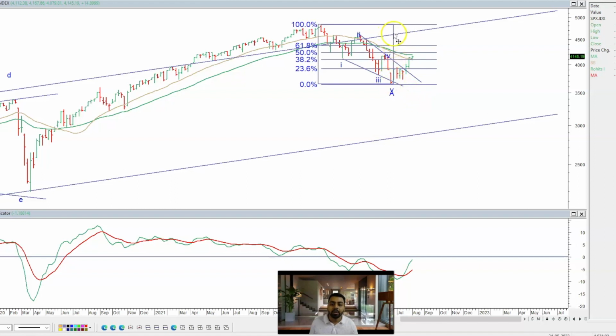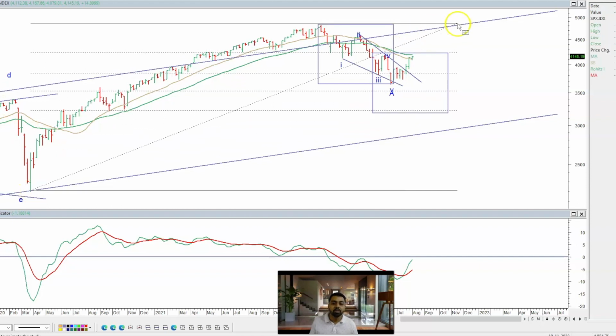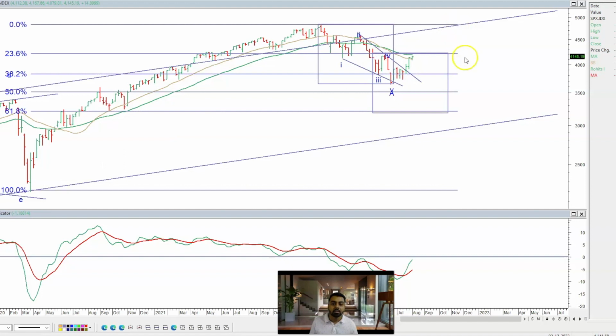When I take the equality level from the 50% retracement mark, that also coincidentally coincides with the 61.8% retracement level of the entire fall.